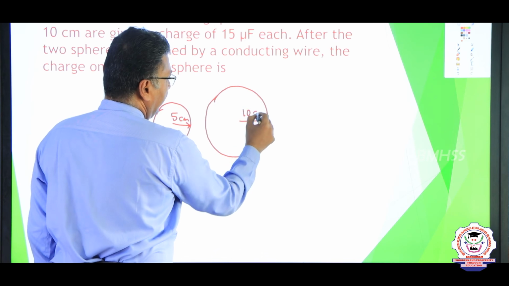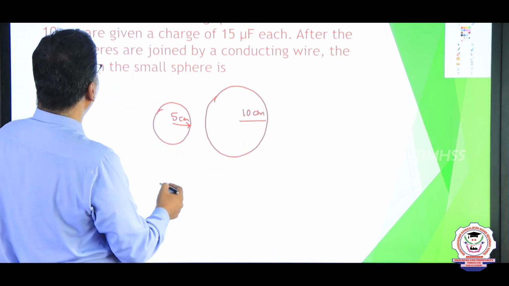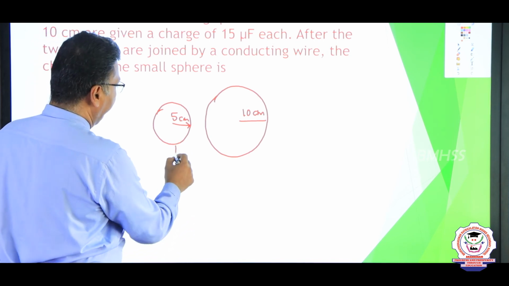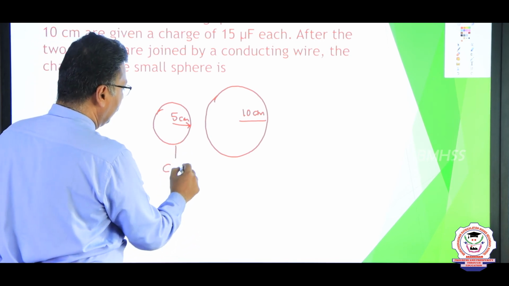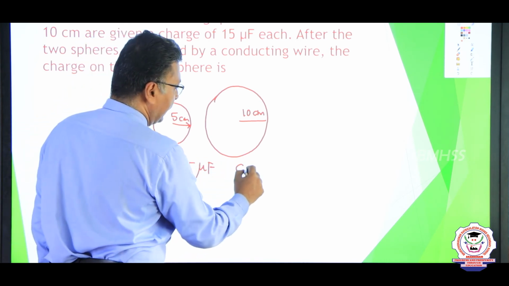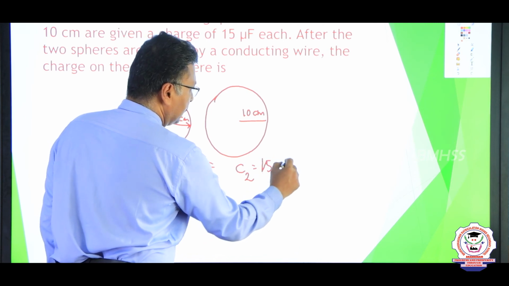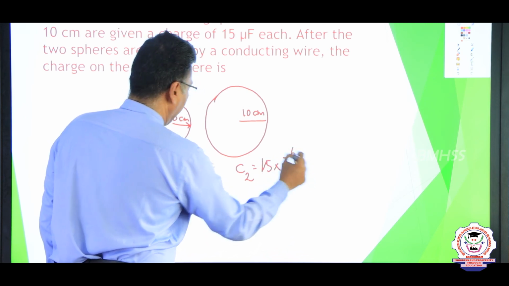So these are the two spheres, 1 and 2. Each is having a capacitance of 15 microfarad. C1 is equal to 15 microfarad. You have to write this down so that you get a clear picture. C2 is equal to 15 microfarad.